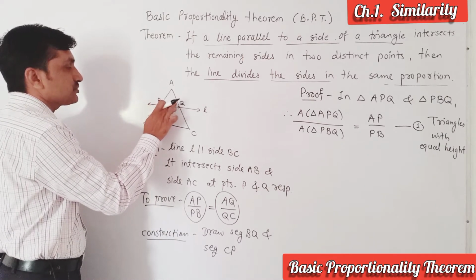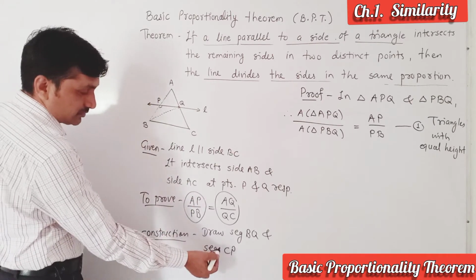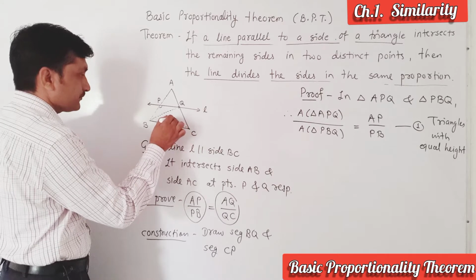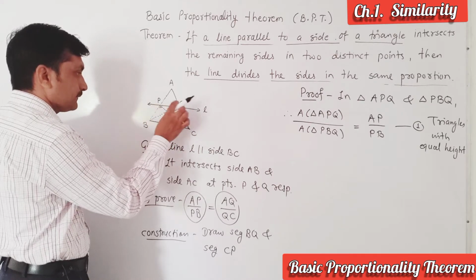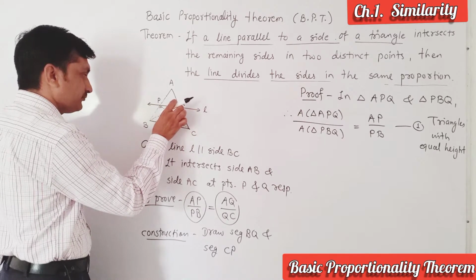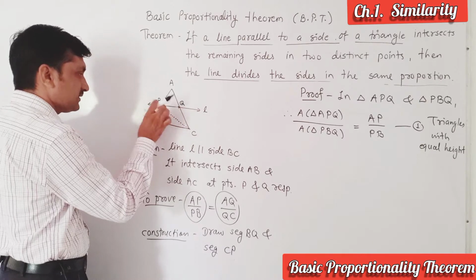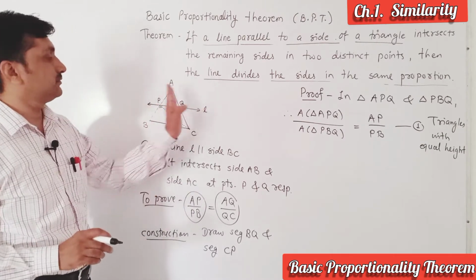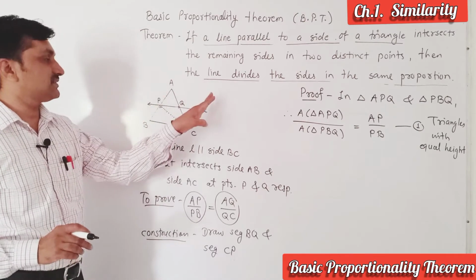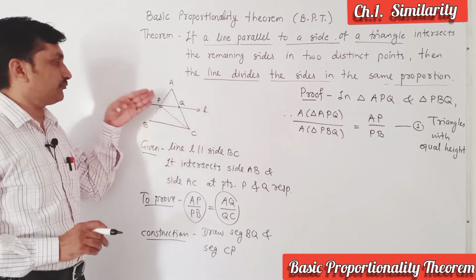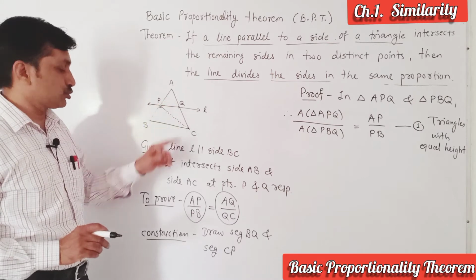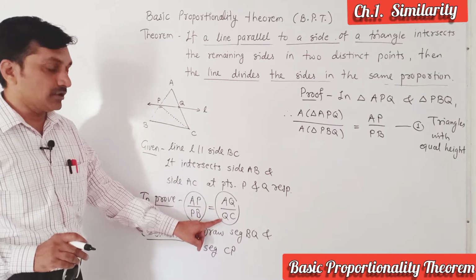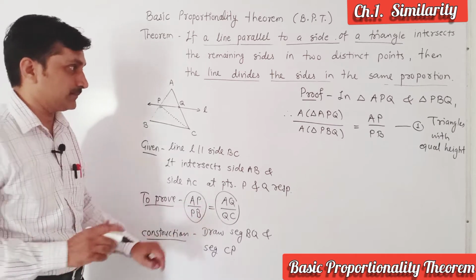Now here, construction we did, no construction say CP, therefore I draw CP here. For a while I erase this, then you will understand. Now, the right side: two triangles on that side. First triangle with base AQ, second triangle with base QC.